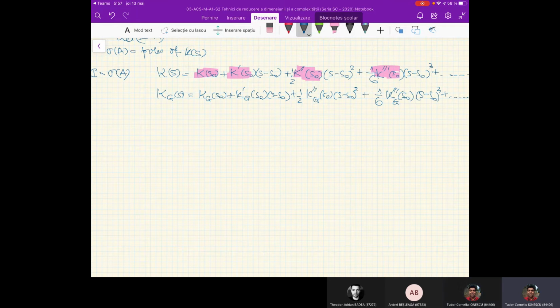Now, what do you think would be the criterion of the model reduction? Assume K(s) is dimension n, and Kg(s) is dimension ni.